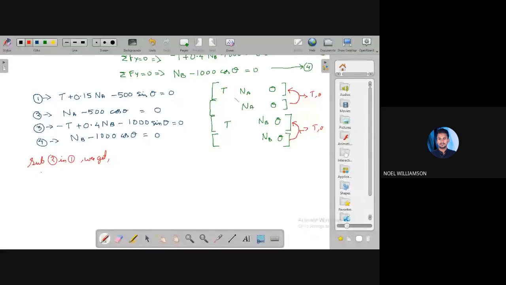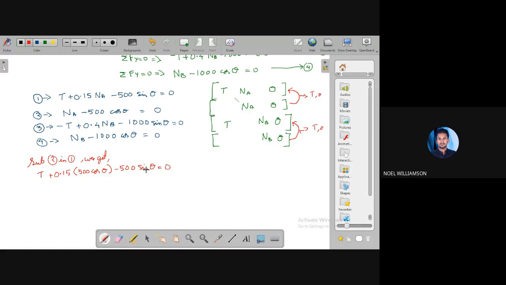T plus 0.15 into 500 cos theta minus 500 sin theta equal to 0.